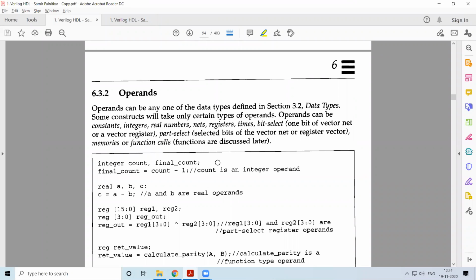They can be any one of the data types available in Verilog HDL. To name a few: constants, integers, real numbers, net data types, register data types, times, bit select, a part of those bits which we can select, memories and function calls. So these are the different kinds of operands which we can work around.